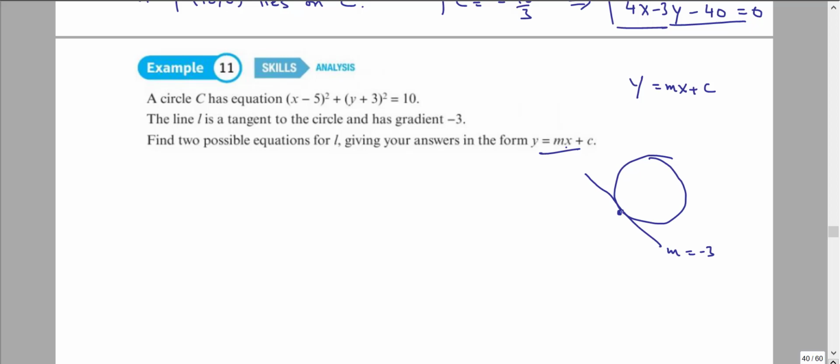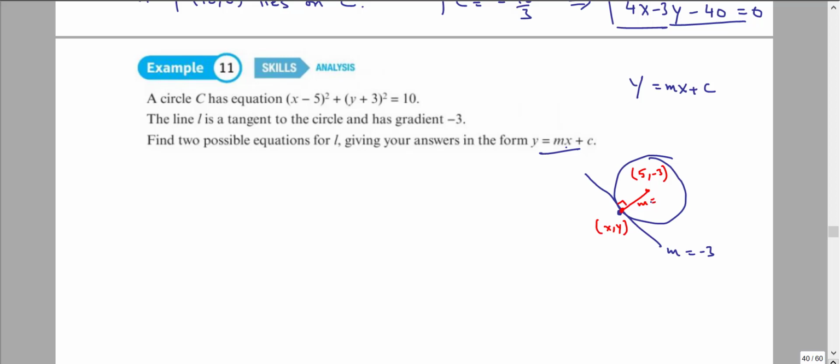Now, let's say this point is x and y. And there is the center here, which is (5, -3), right? If we draw the radius like this, it will be perpendicular. This is radius r, okay? And the gradient of the radius will be what?